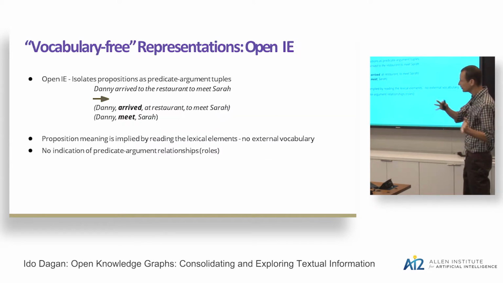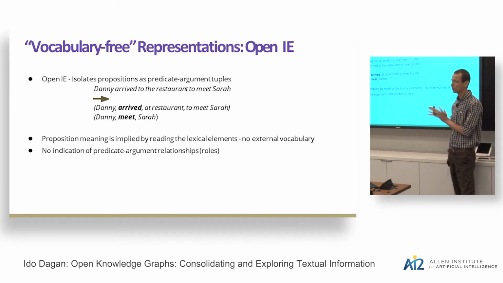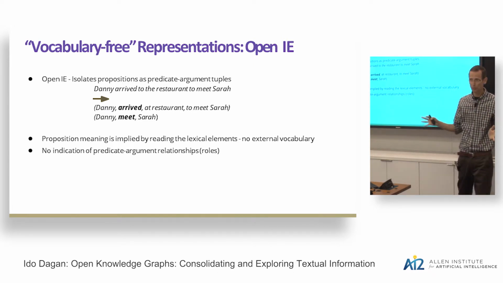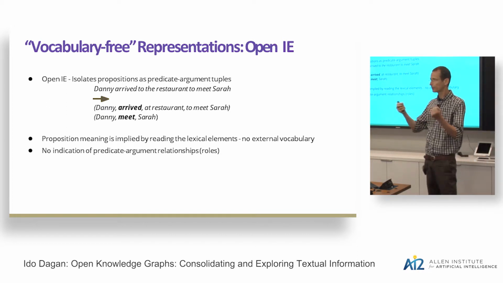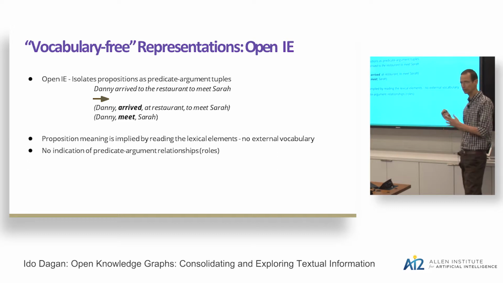Now, there has been another trend that we are going to follow about vocabulary-free representations. While most work does define schemata with special vocabularies for senses and relation types, etc., there has been some work which we try to follow. We are following the spirit of this work. So I'd like to mention two lines of work.